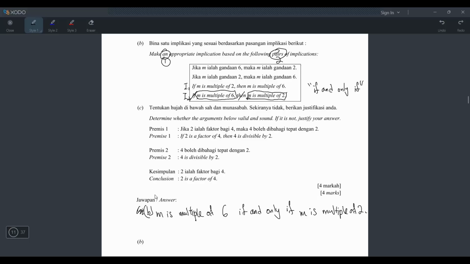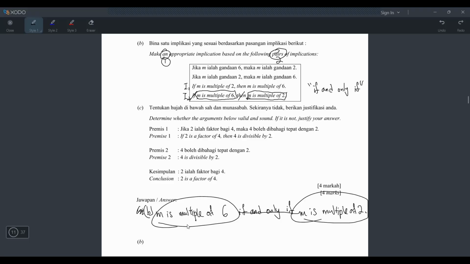But I want to mention one thing. Usually when the exam asks, they give this in the question, and they will ask you to write two implications. This one, they give you two implications and ask you to combine into one. But most of the time they give you it like this and ask you to write two. So you need to make sure you know that also. If they give you this in the question, M is a multiple of 6 if and only if M is a multiple of 2, and then ask you to write down two implications, what you do is cut this word and circle the front and the back.